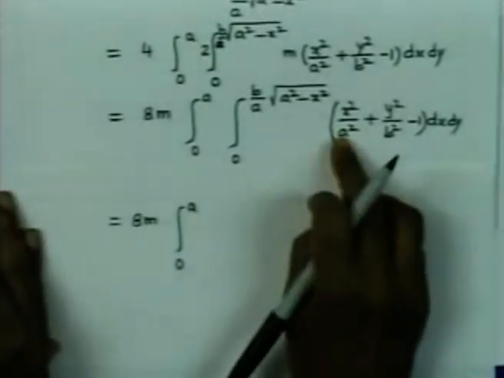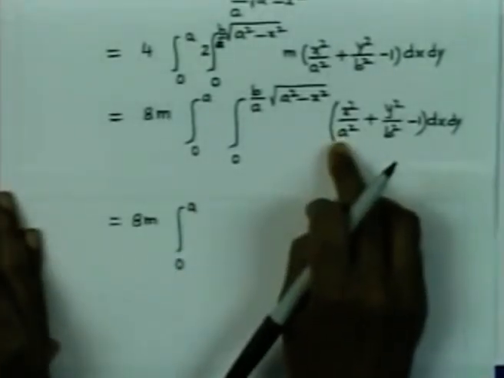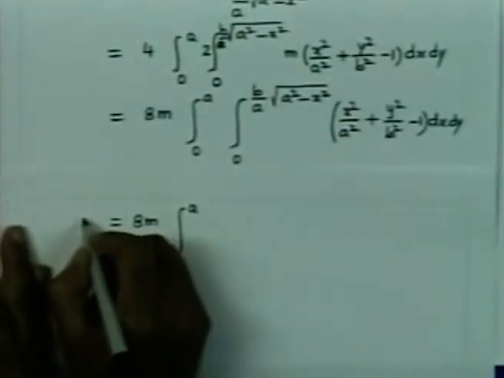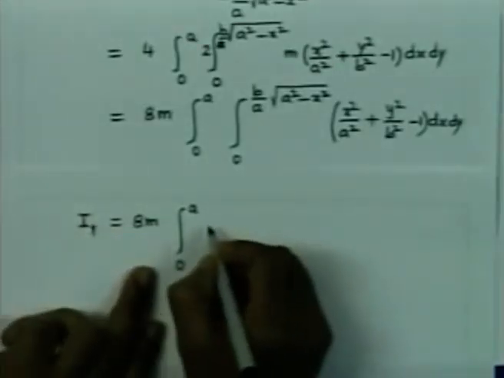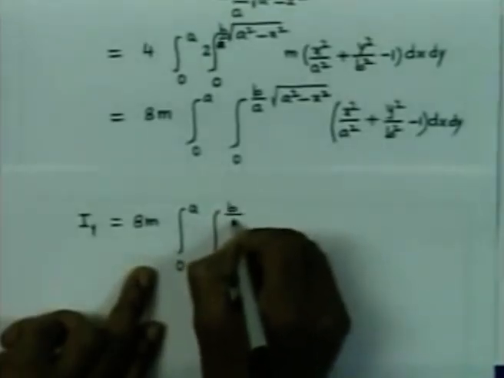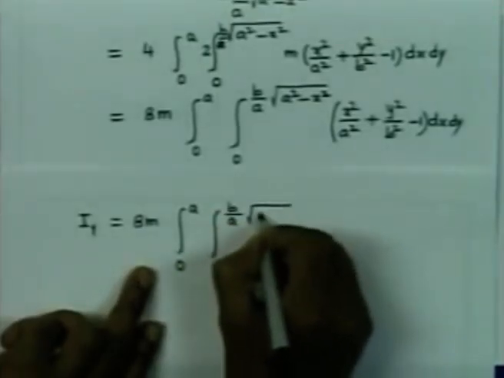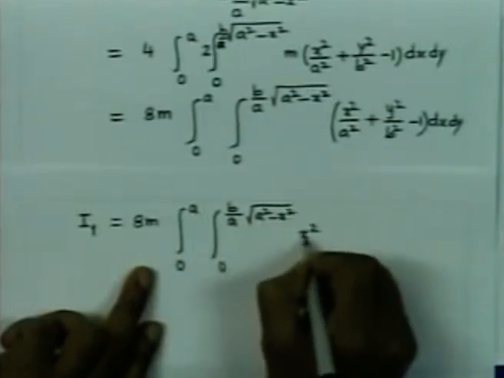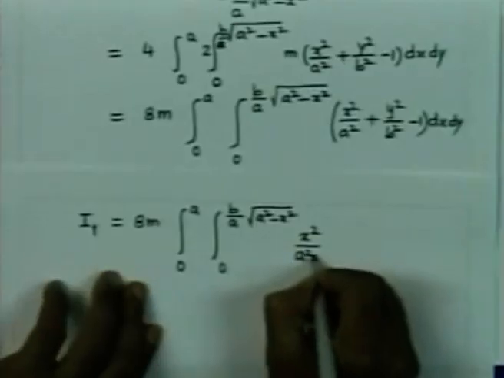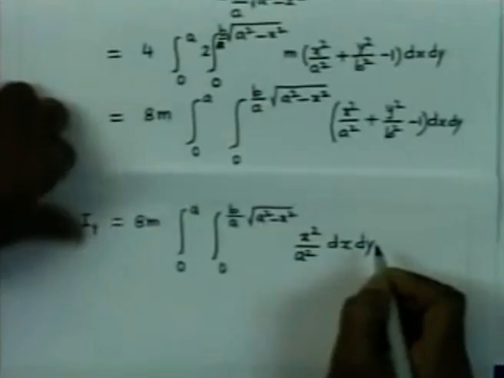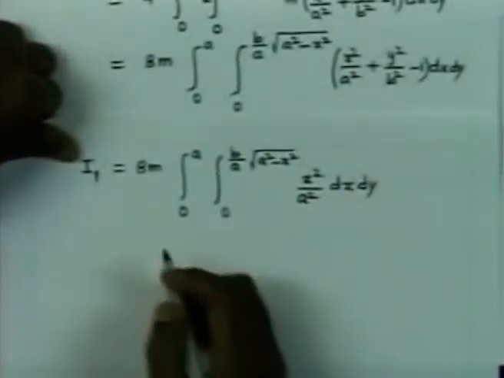We will first just concentrate on this term x square by a square. If we consider that this integral, let us say this is I1, the integral from 0 to b by a root over a square minus x square of x square by a square, dx dy. So I am concentrating only on the first term.